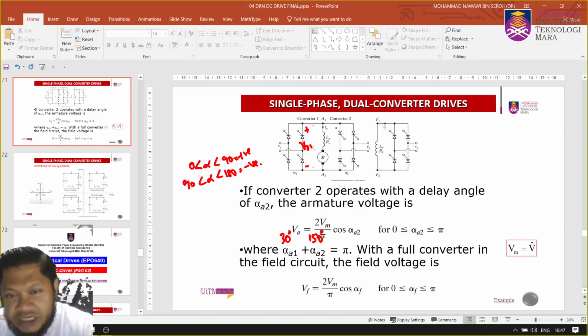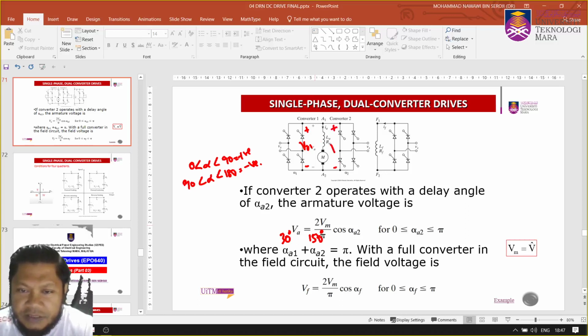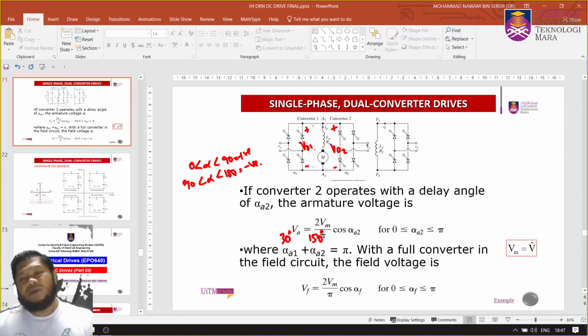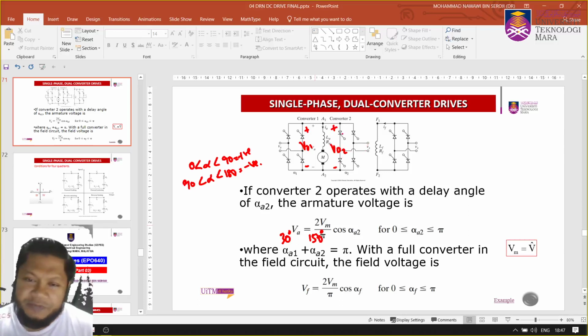So initially you're going to have positive, negative here for V out 2, but in the case of 150 degrees the converter will have a different polarity, and this is your V out 2. Right?